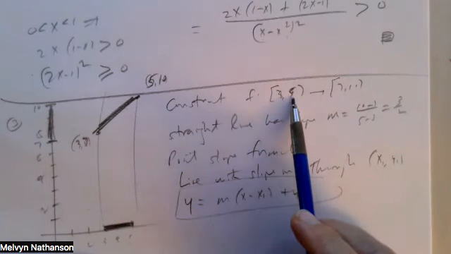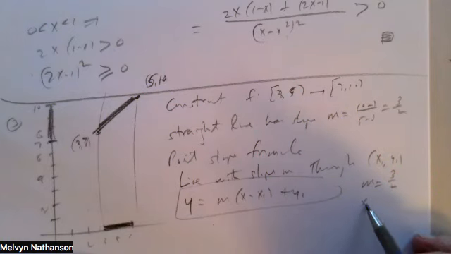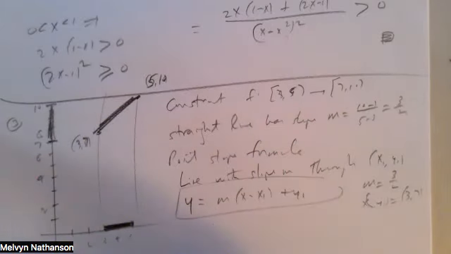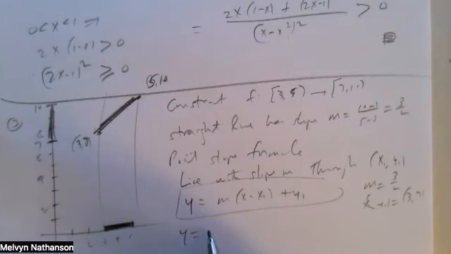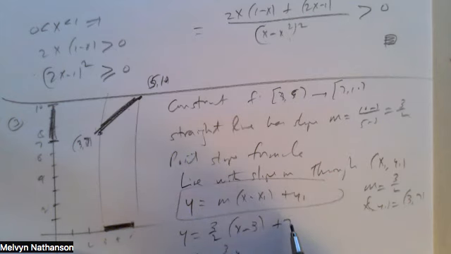If m is 3/2 and (x1, y1) is (3, 7), the line passes through the point (3, 7), so the line is y equals 3/2 x minus 9/2 plus 7, or y equals 3/2 x plus 5/2.